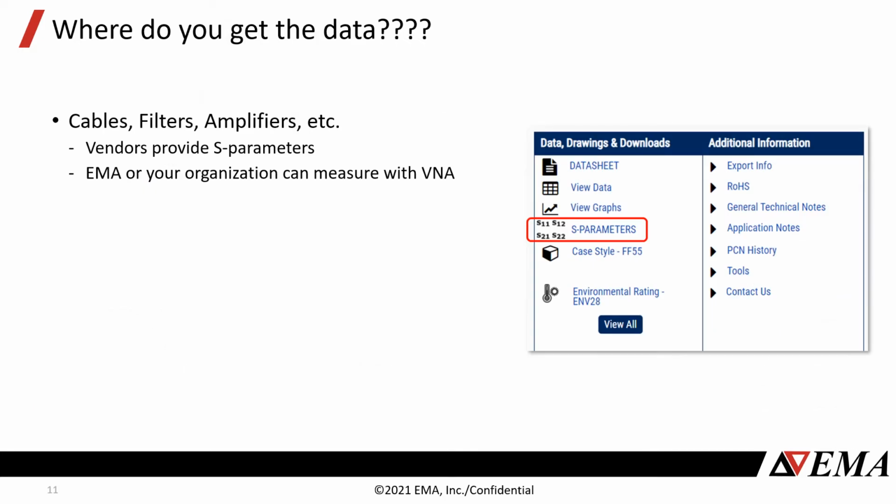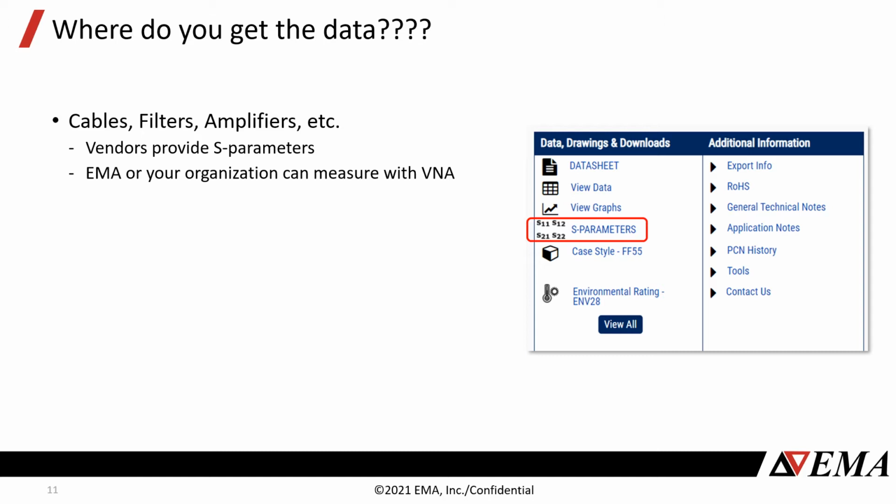So where do we get this data? The good news is that for many of these components, like cables, filters, and amplifiers, vendors are getting better about providing measured S parameters, or sometimes simulated S parameters. Often you can download those S parameters directly from their website, or call the company and, if you find the right person, have them sent to you.